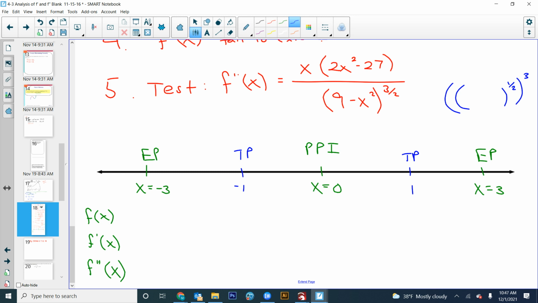Do we get a plus or minus in the numerator? It was -25 times a -1. That is a positive second derivative. And when we plug in 1, we're going to get 2 minus 27, which is -25, times a +1 is a negative after. All right.